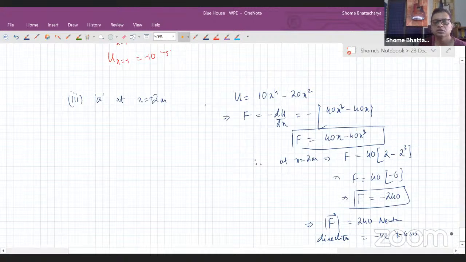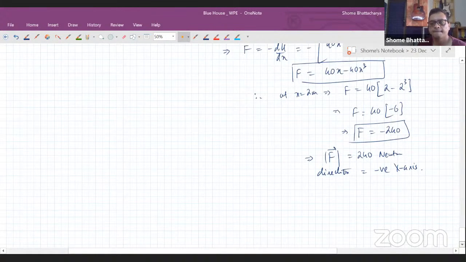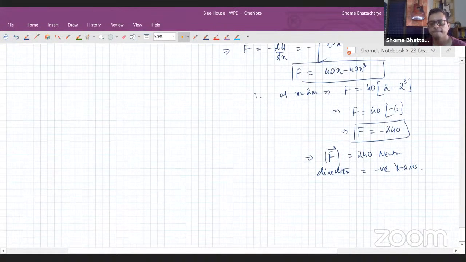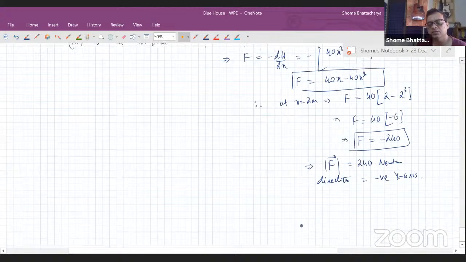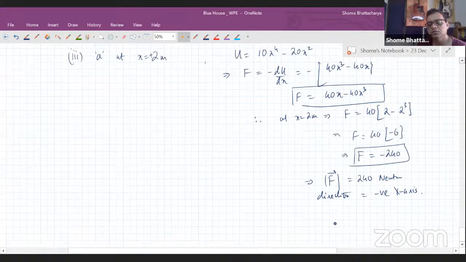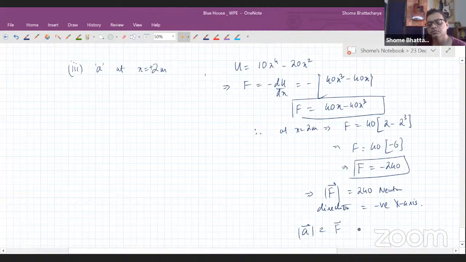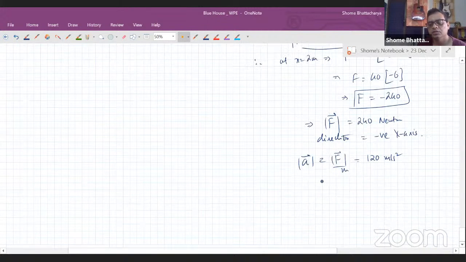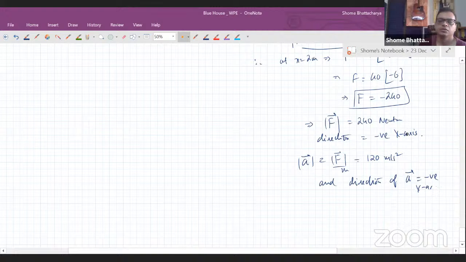Okay, so that means the acceleration of the body is 120 meters per second square, and the direction of acceleration is along the negative x-axis. Okay, so this is the conclusion of this particular question.